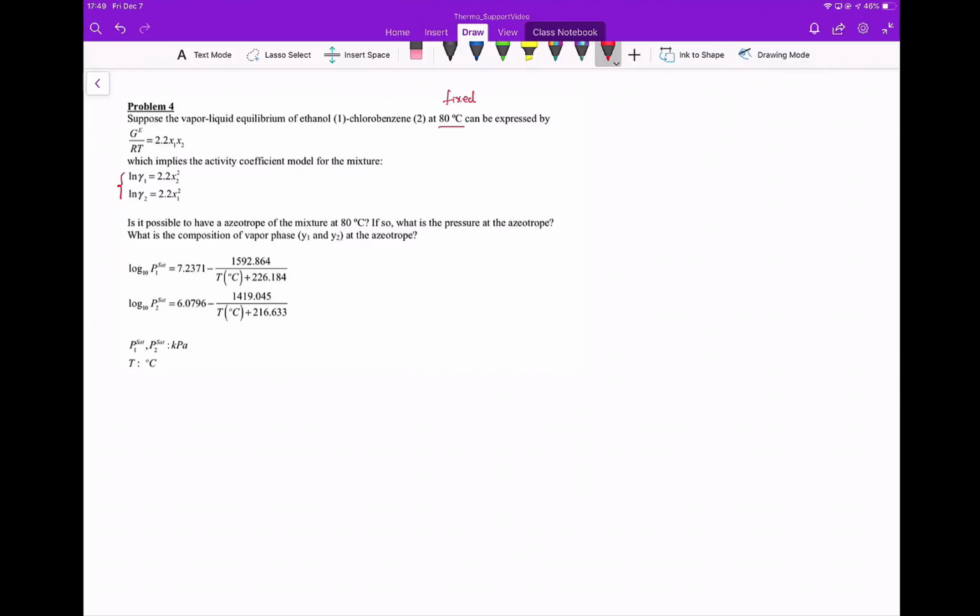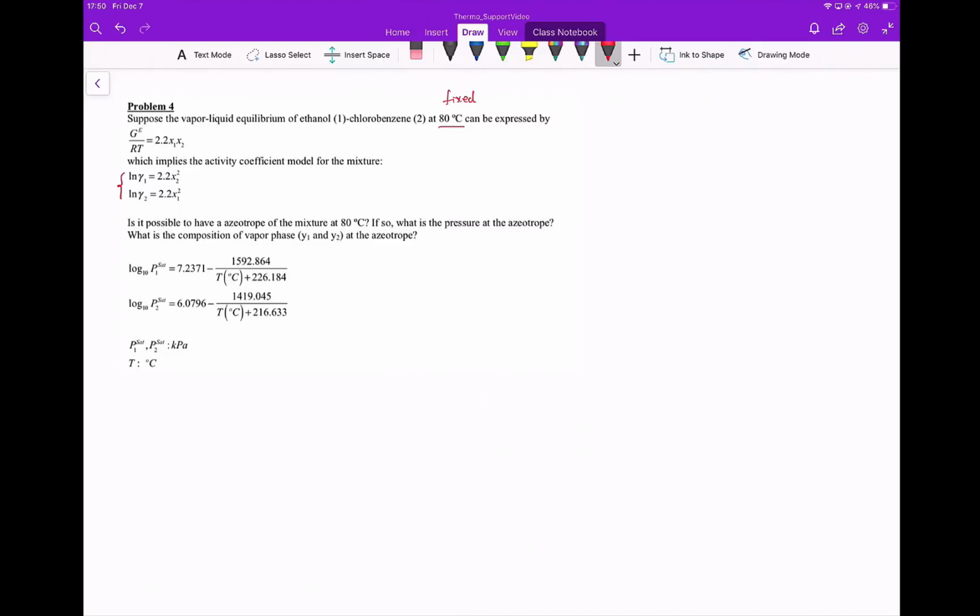Now the question is, is it possible to have the azeotrope of the mixture at 80 degrees C? If so, what is the pressure at the azeotrope? What is the composition of the vapor phase y1 and y2 at that azeotrope?